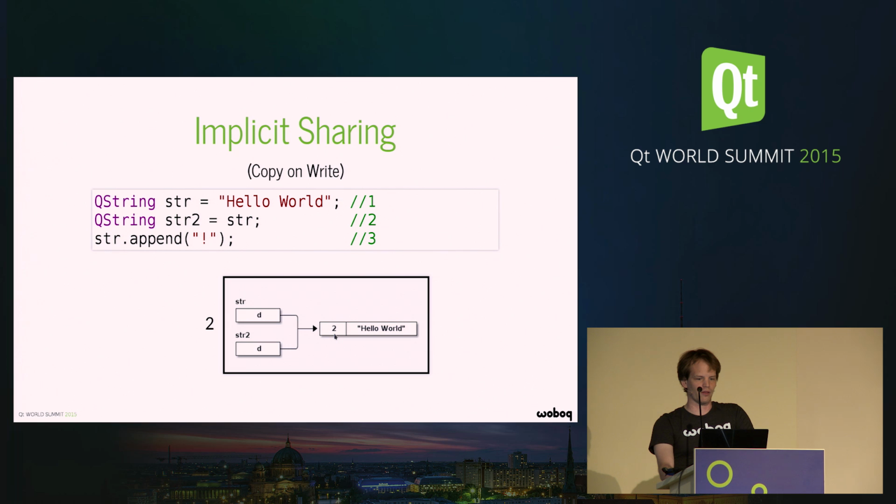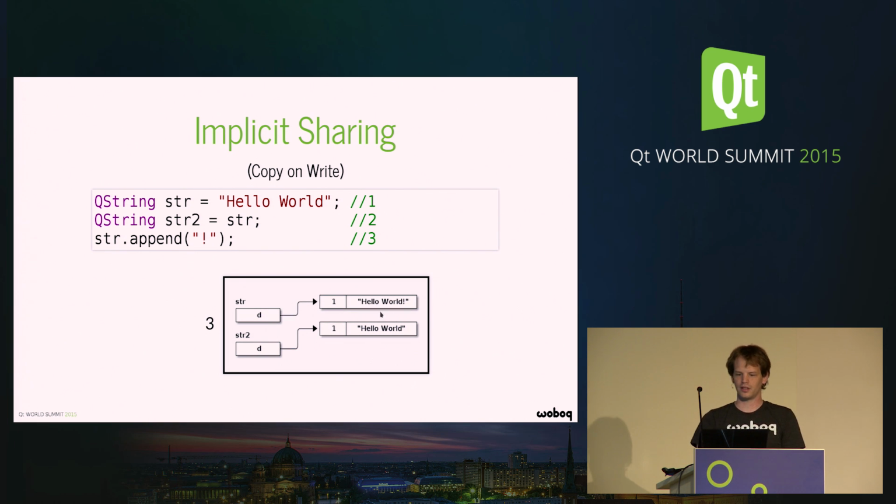And then at the line 3, when we are going to add the exclamation mark at the end, we're forced to make a copy of the string to add, because otherwise if we add it there, both str and str2 would have the exclamation mark. So anytime we call a non-const function that is going to modify the string and that the string is shared, we are going to make a copy.